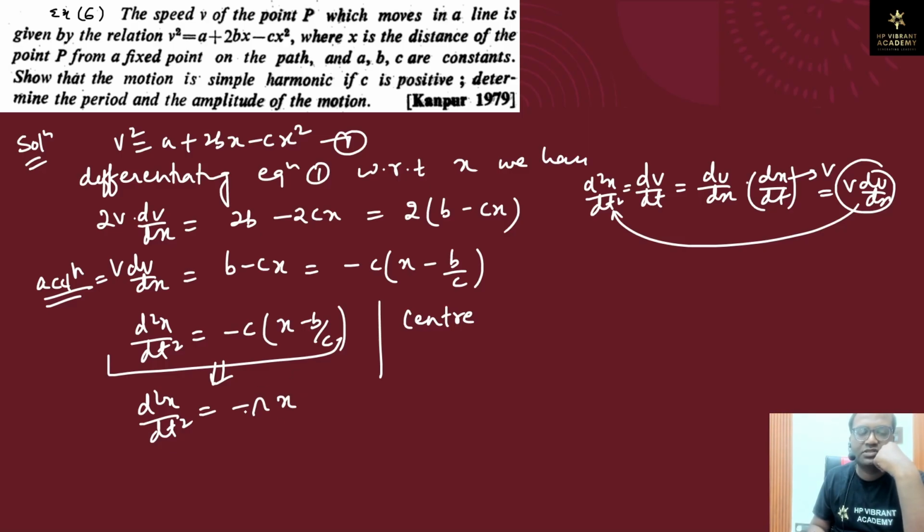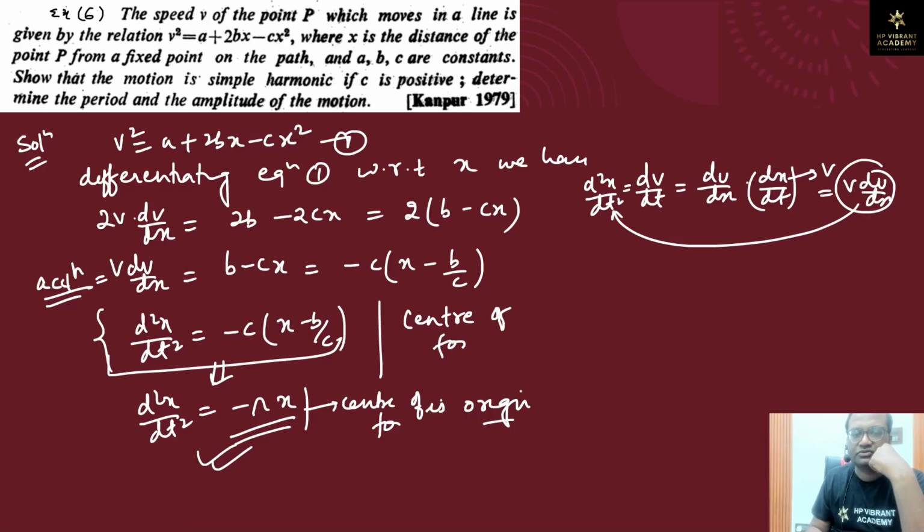This equation is the standard equation of SHM, provided the center of force is the origin. But in this particular case, the center of force is x equal to b by c, and mu, the intensity of force, is equal to c.